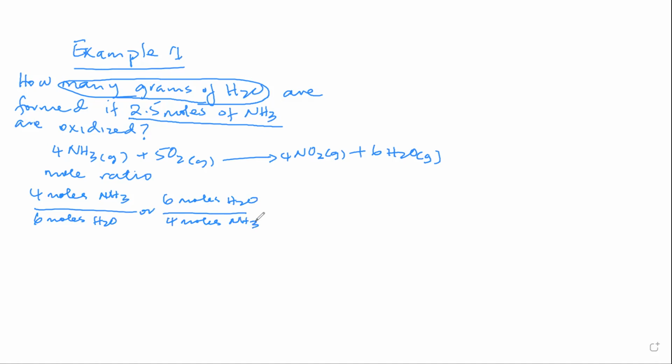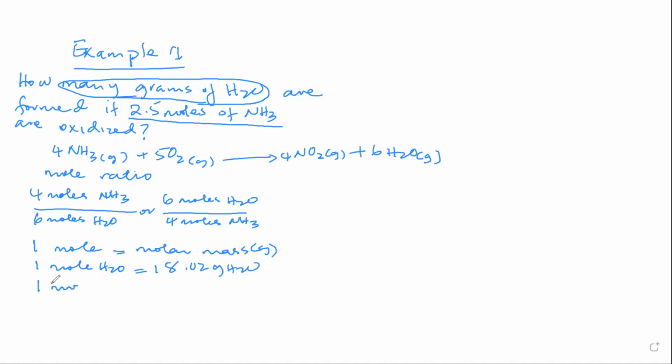With this ratio, we can go from moles of ammonia to moles of water. Then how do we get from moles of water to grams of water? Now we need 1 mole equals molar mass, which is 1 mole of water equals the molar mass of water, 18.02 grams of water.